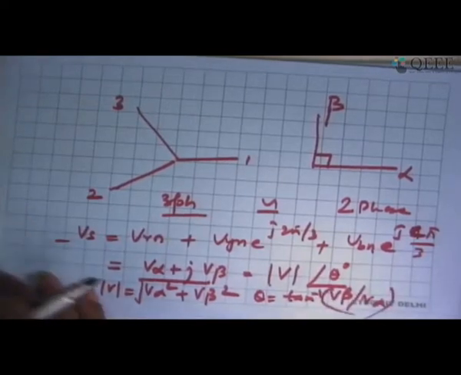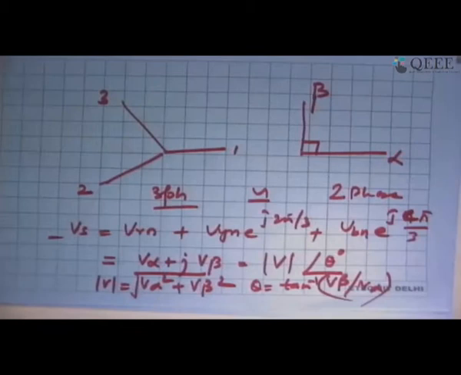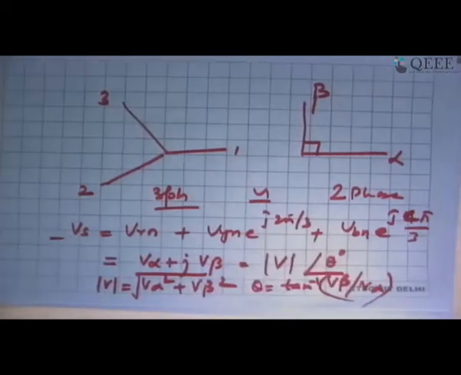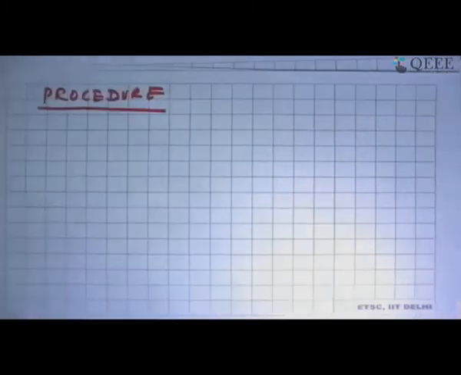So using the combinations we have used, this procedure requires two things. What we know is pole voltages. For the pole voltages, we have to find VRN, VYN, VBN. Then only we can do this transformation. So what is the procedure?